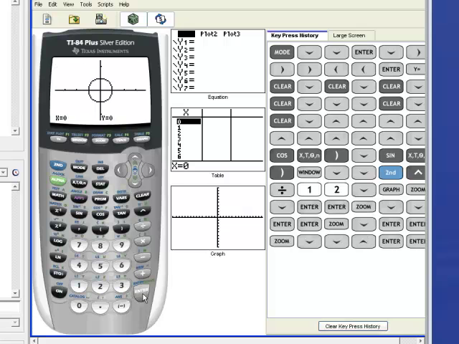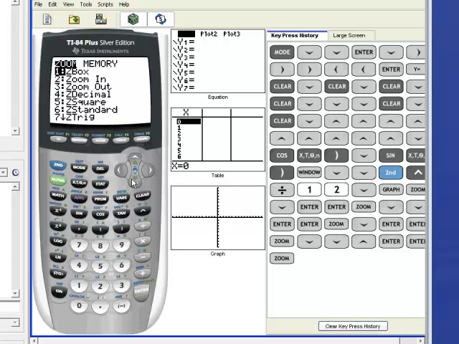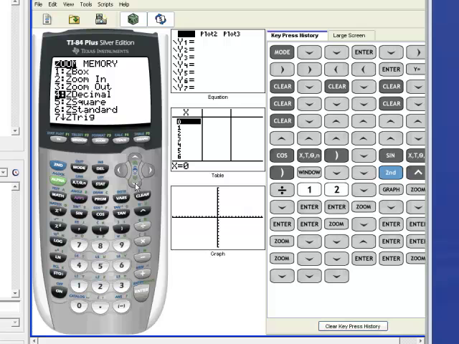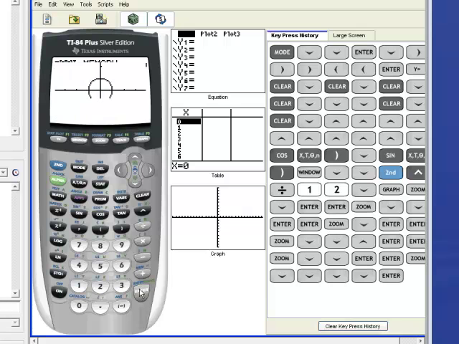Almost did it again. Okay, so the first one here will be perfectly fine. I want to make sure that we're on zoom square so that the x's are to scale. There we go. Resolution on the graphing calculator isn't really that great, but oh well.